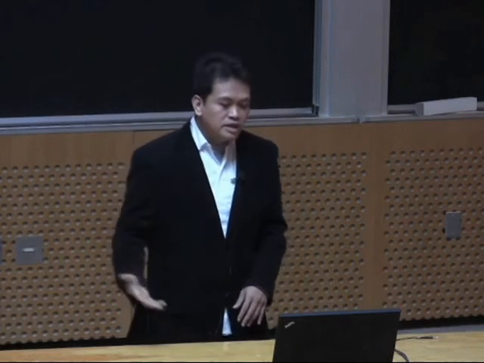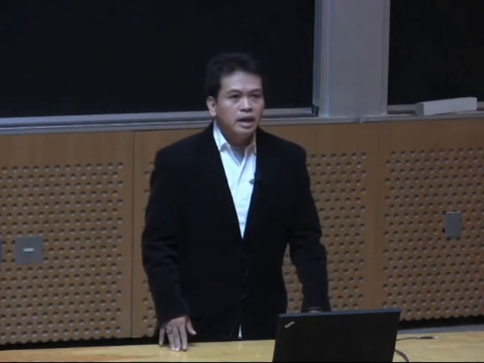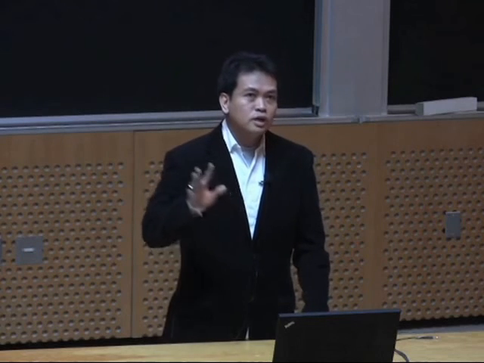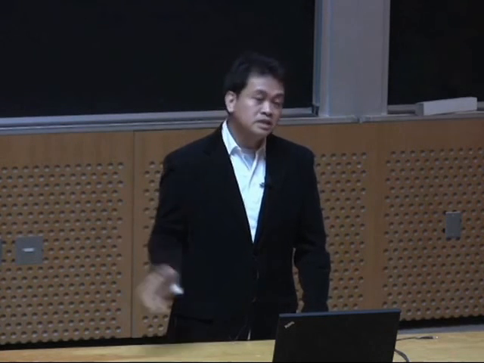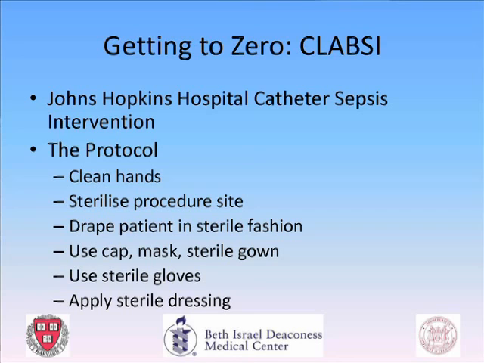So we do a lot of this, especially in the intensive care unit. And in the 20th century, we see a lot of infected central lines leading to bloodstream infection. And of all the different hospital-acquired infections, this is the deadliest. This is the one that kills the most patients.